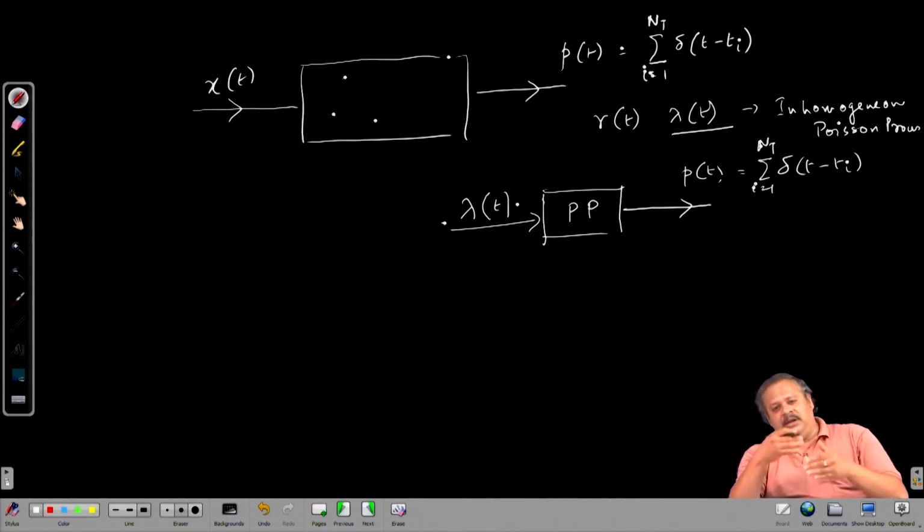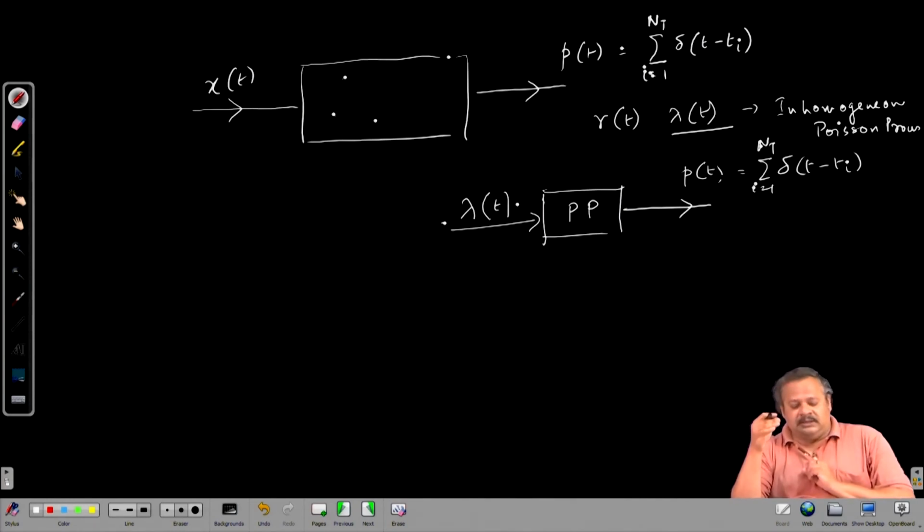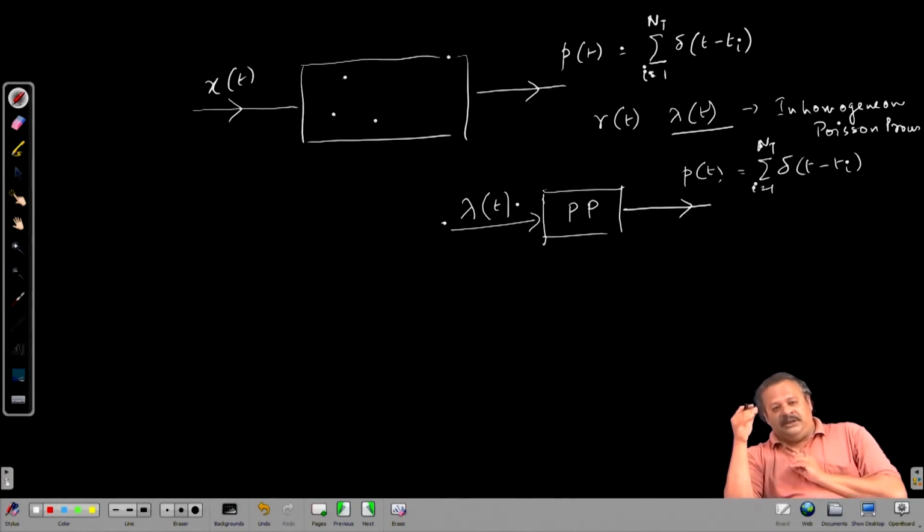That is, if we repeat it over and over again with some additional noise, and so we can represent this lambda t to be generated by the membrane potential of the neuron.